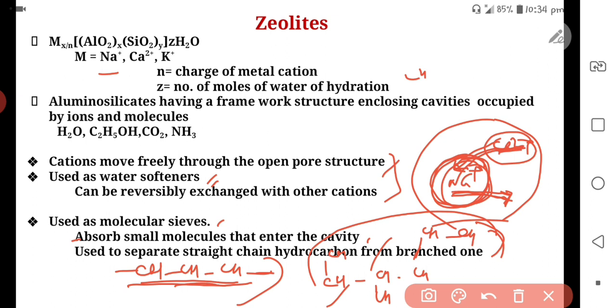So these are the important applications of zeolites. Zeolites are aluminosilicate compounds used as water softening agents, and also as molecular sieves. Examples I have already shown in that image. The most important example is permutit, used in the permutit process for water softening.